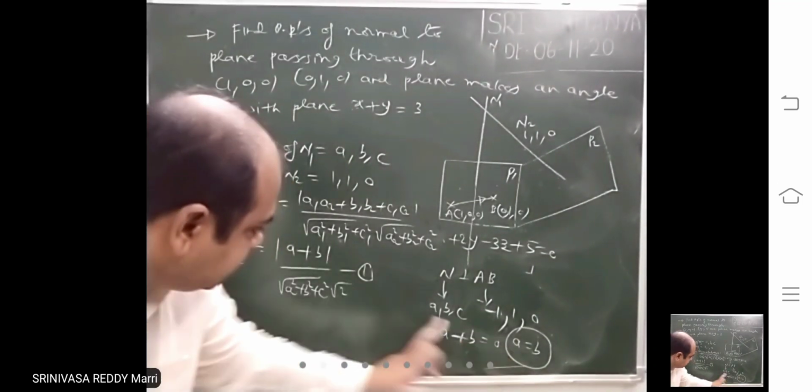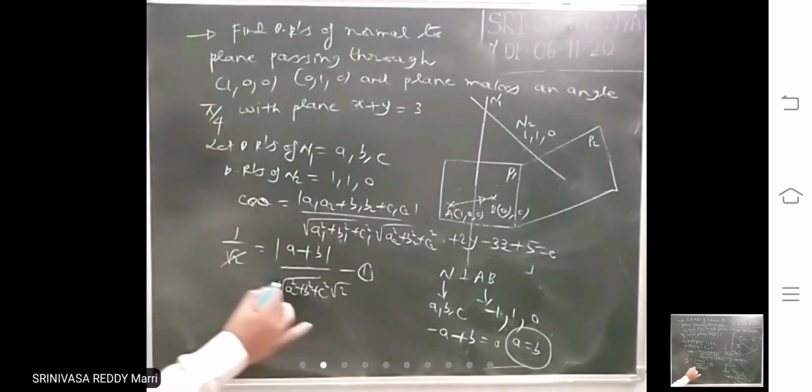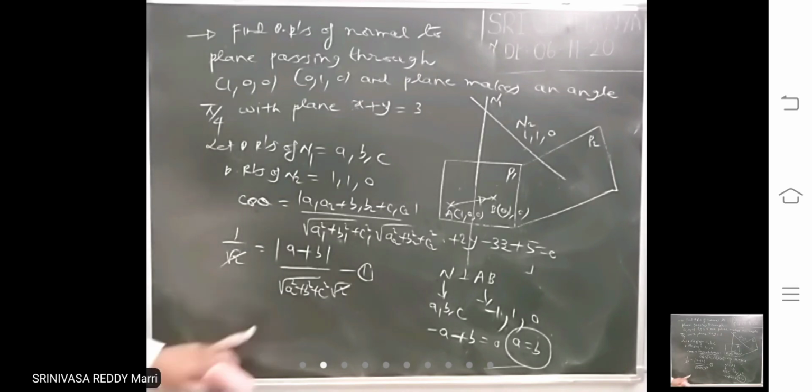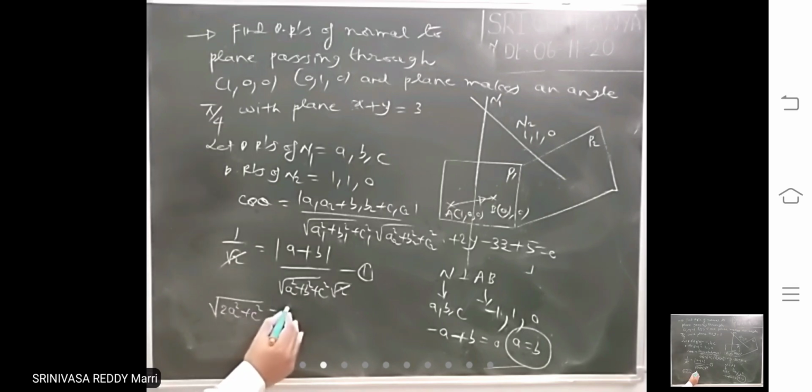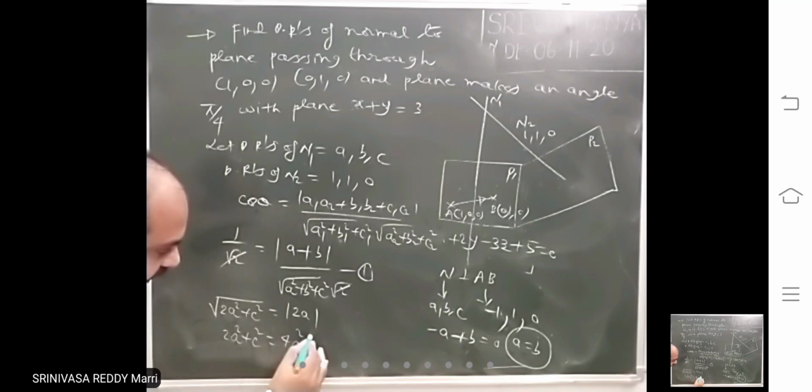If you substitute A equal to B here, root of 2A square plus C square equals, since A equal to B, this is nothing but 2A. Squaring on both sides, 2A square plus C square equals 4A square.